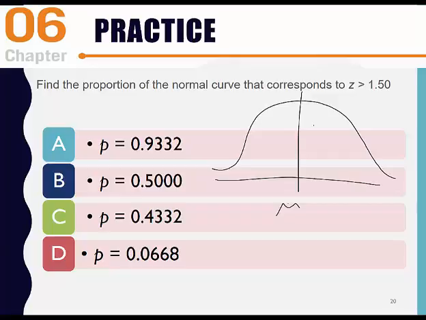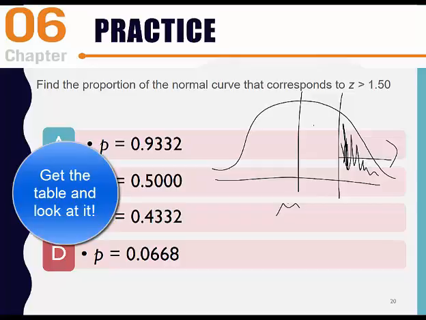We know that the mean is flat in the middle. We're looking for everything larger, the proportion larger than a Z-score of 1.50. So that is definitely above the mean because it's a positive Z-score. So it's somewhere over here. That's a Z-score of 1.50. And the proportion larger than that is everything in this direction.